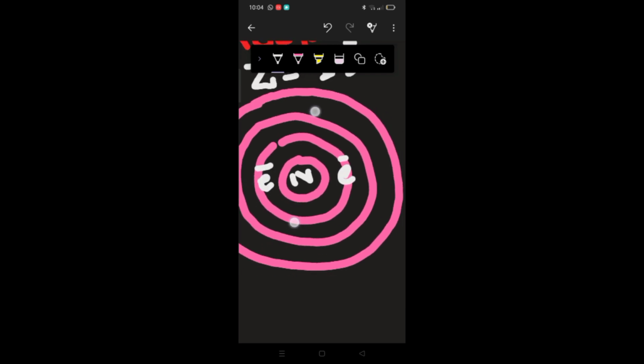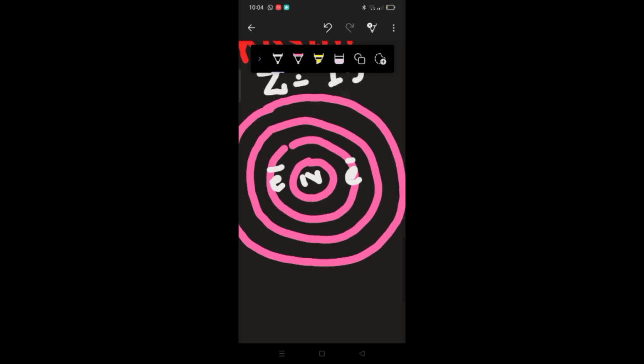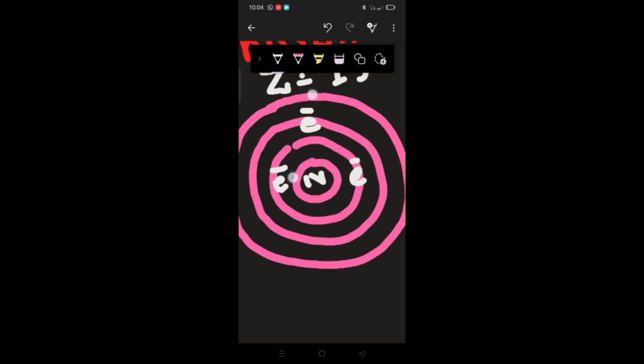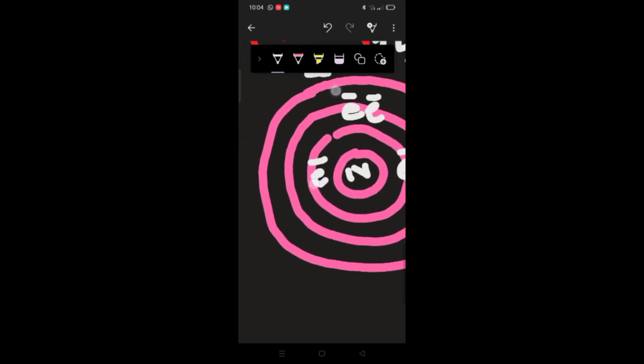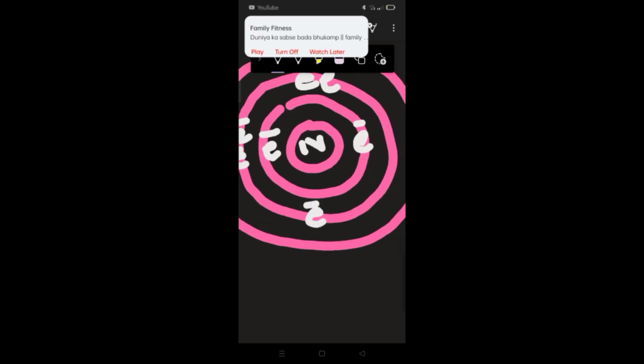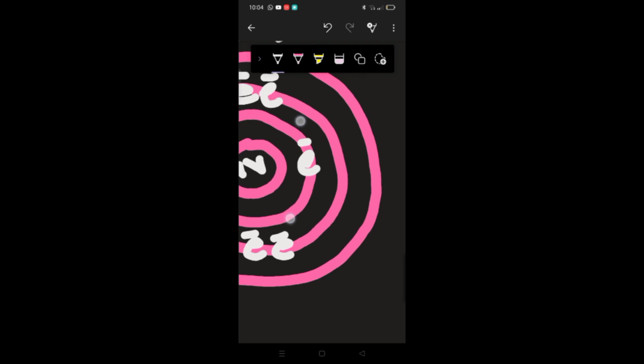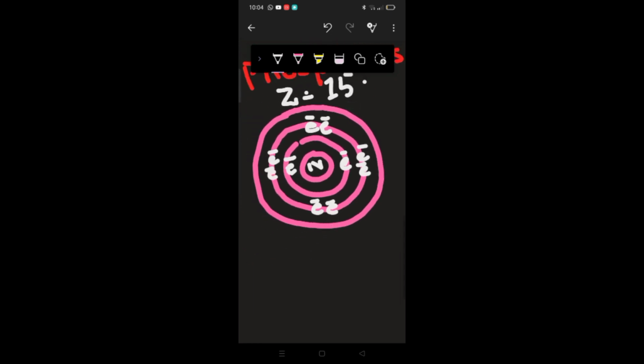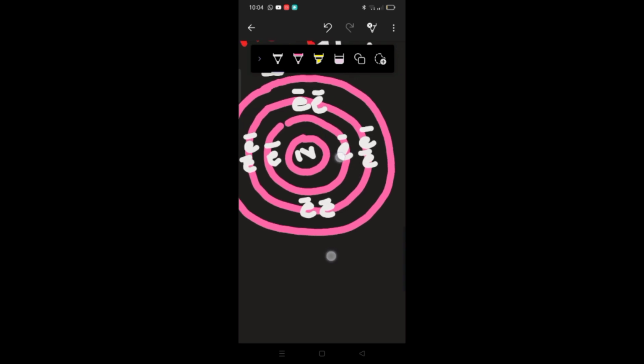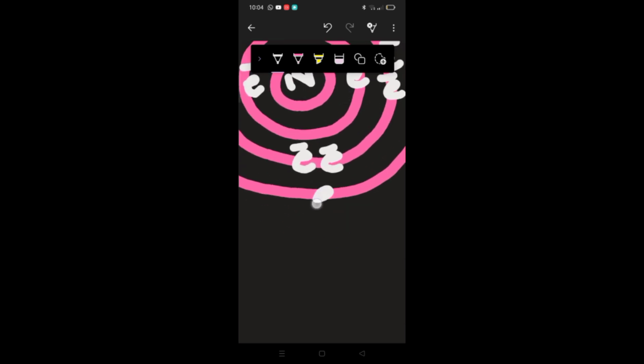In the second shell we have 8 electrons, 1, 2, 3, 4, 5, 6, 7, 8. 8 plus 2 is 10, and 15 minus 10 is 5. 5 are left, so 5 will be in its outermost shell.